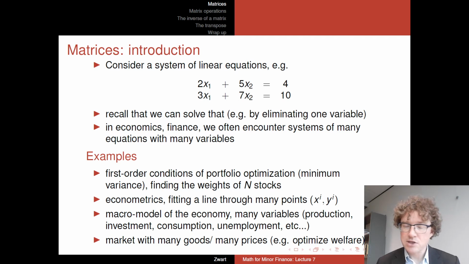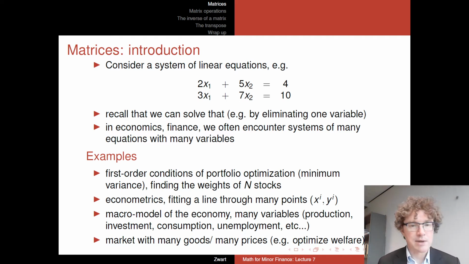It turns out that this is related to the least squares, ordinary least squares regression, OLS, for instance, which requires solving a lot of first order conditions, essentially optimization conditions. Again, it's going to be useful to express these conditions in a way that's amenable to analysis with lots of variables. If you have lots of points and lots of parameters that we want to estimate, then this is called for.